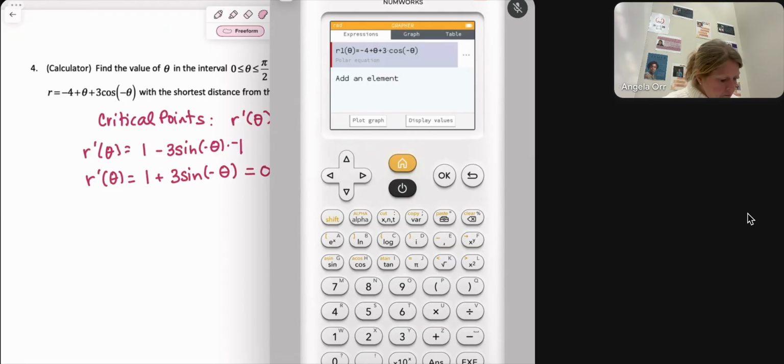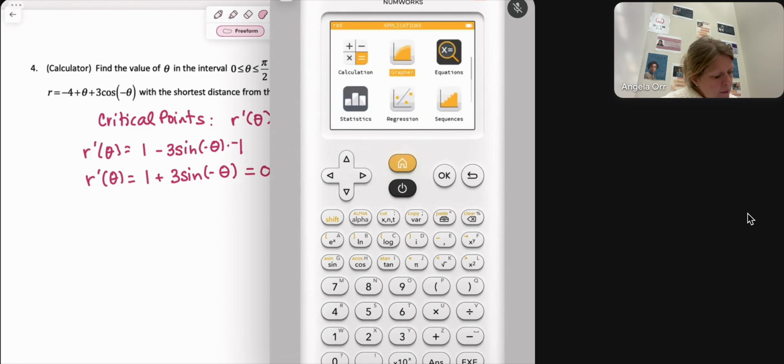And now I could either use the grapher to figure out where the radius is 0, or I'm going to go over to my equation solver.